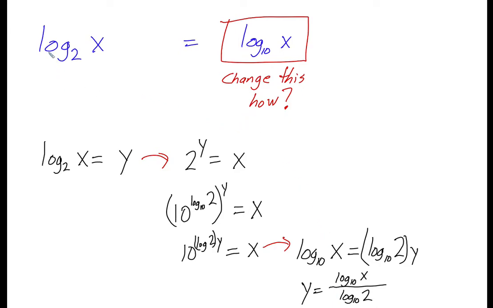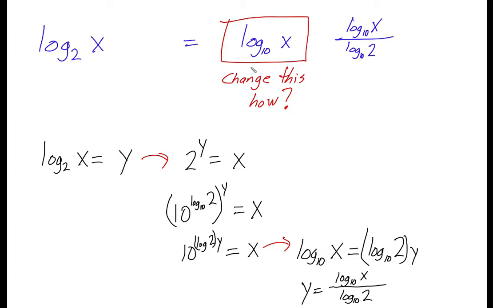What we found out was the log base 2 of x is equal to the log base 10 of x if we make this division. So how do we change this? Here's how. It's equal to the log base 10 of x divided by the log base 10 of 2.